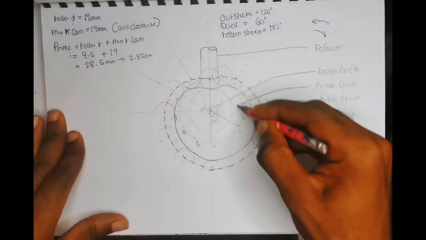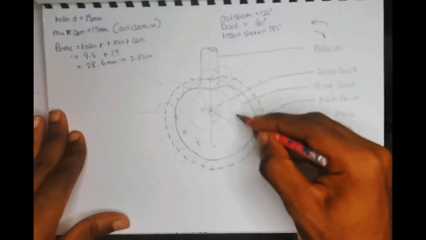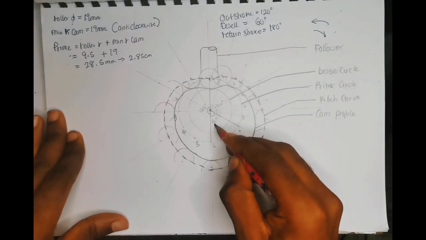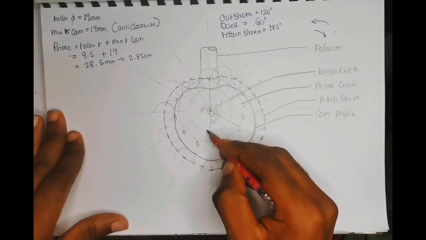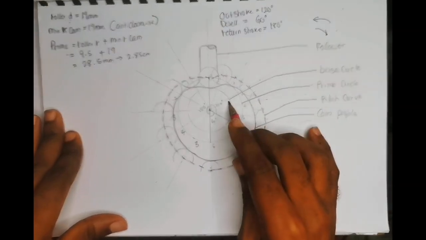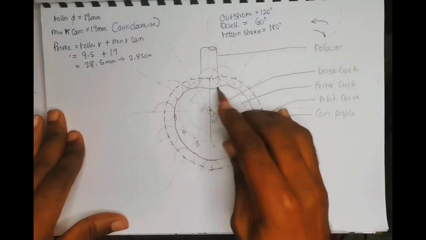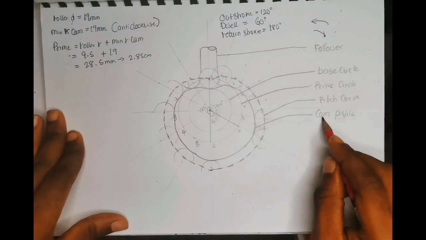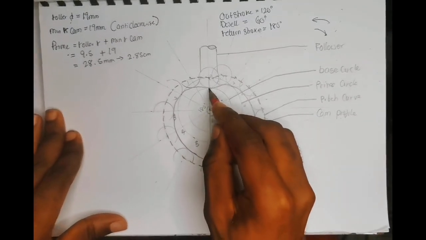This is the outstroke 120 degrees, the dwell 60 degrees, the return stroke 180 degrees. Also, we have our base circle, which is the smallest circle here. Note the cam profile always touches the base circle.